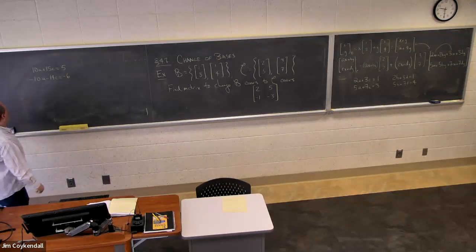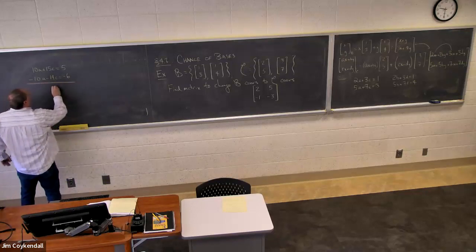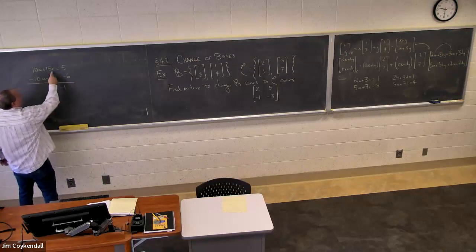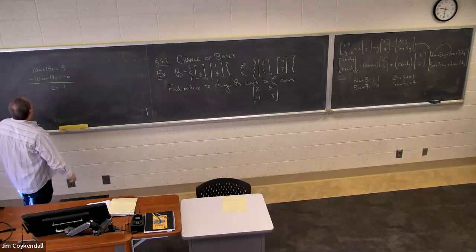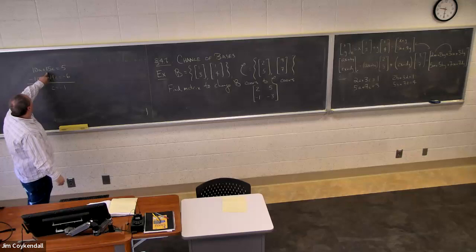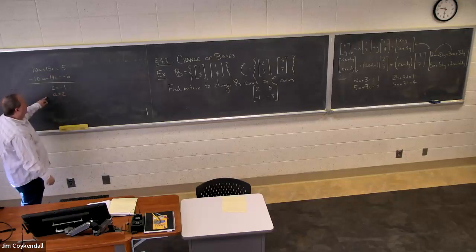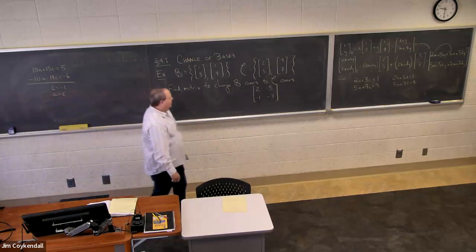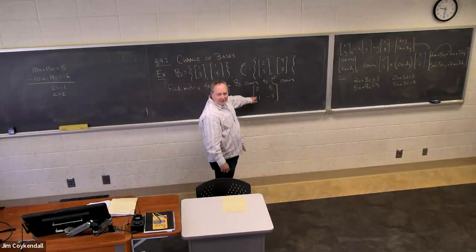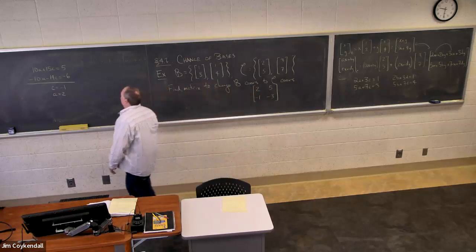Multiplying the second by -2. This gives me C equals -1, and if C is -1, then A is equal to 2. So here's A and C: 2 and -1, right?